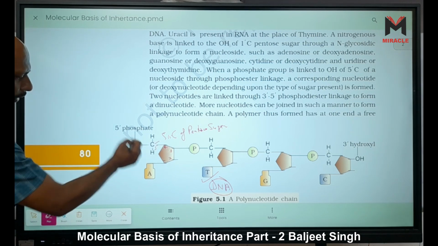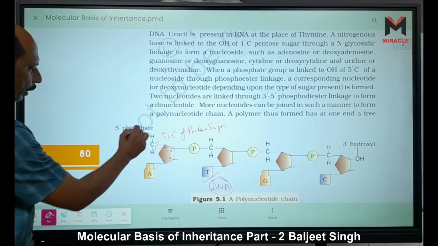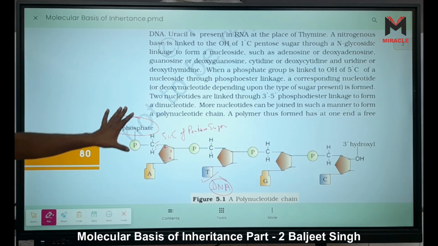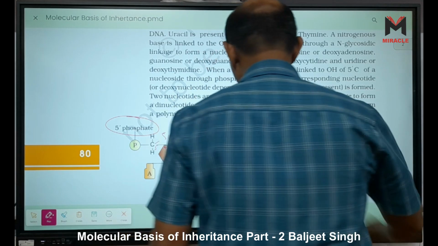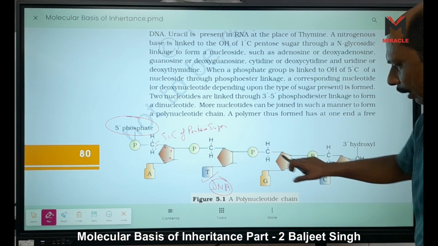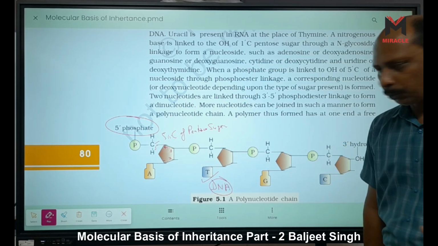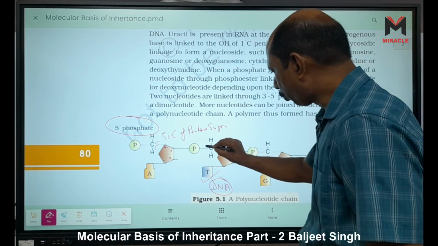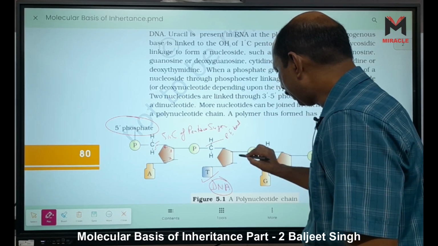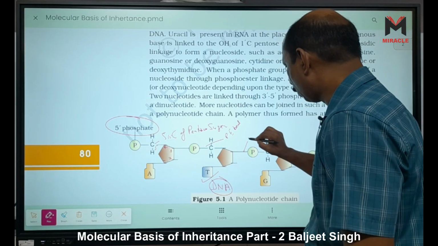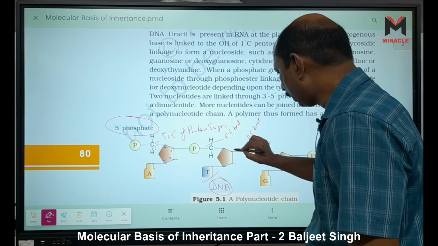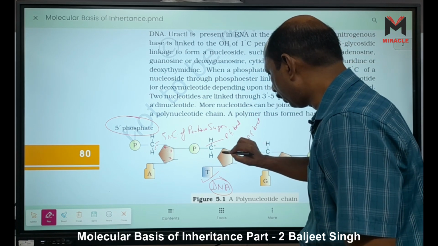The fifth carbon binds with phosphoric acid, which is called the 5' phosphate moiety. Here is one nucleotide and another, the second nucleotide, where the phosphoester bond is formed. One phosphoester bond is formed here, and another phosphoester bond is formed here. On this side it is the third carbon, and on this side the fifth carbon. This is the fourth.